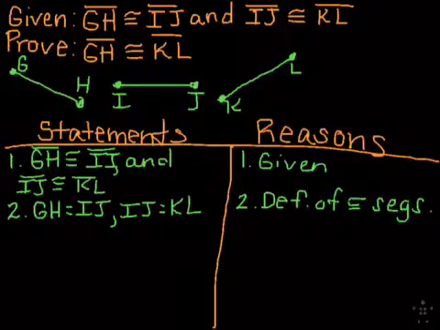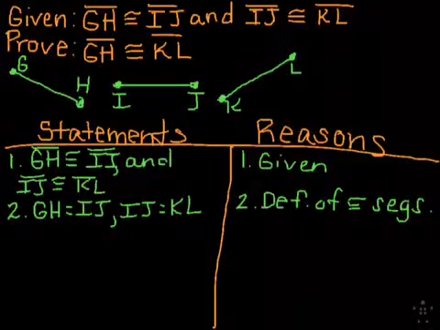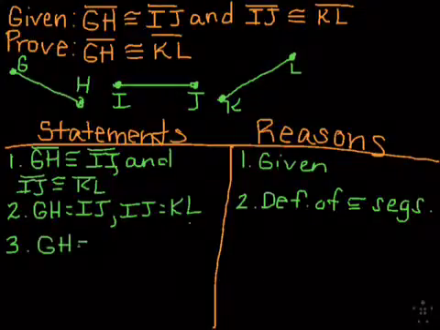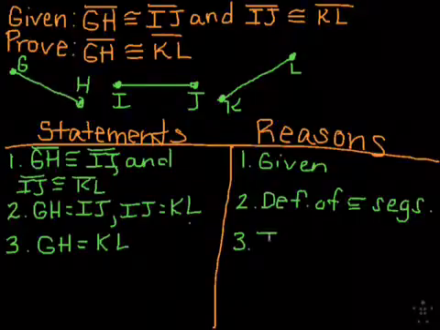So I know these are equal to each other. So if GH equals IJ and IJ equals KL, then I can say that GH equals KL. That's by the transitive property.